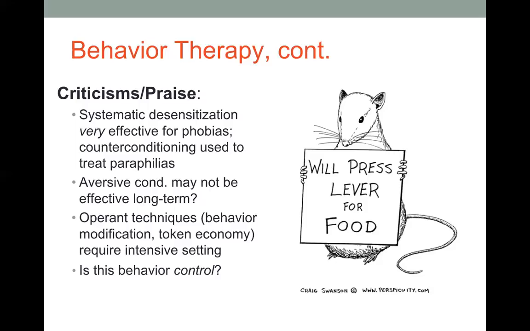And some people, your textbook points this out, take issue with the behavior therapies because they seem a little bit more like behavioral control. They are harnessing mechanisms, especially in the counter conditioning stuff, that might be kind of automatic, producing automatic reactions in people.